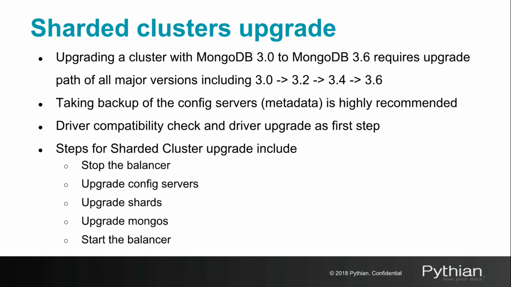So mongos nodes are last in the upgrade, because since MongoDB 3.4, if you upgrade mongos nodes before you upgrade shard nodes, your mongos will not be able to speak to the newer version of the shard nodes, and you will experience downtime.